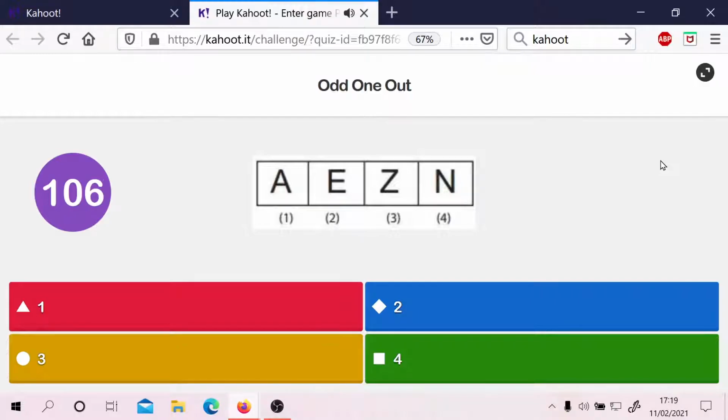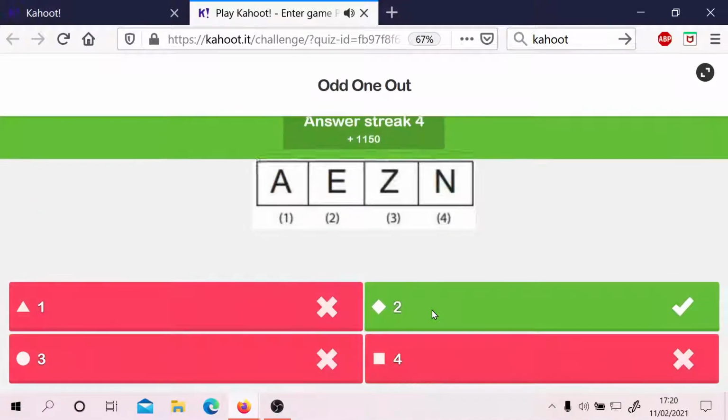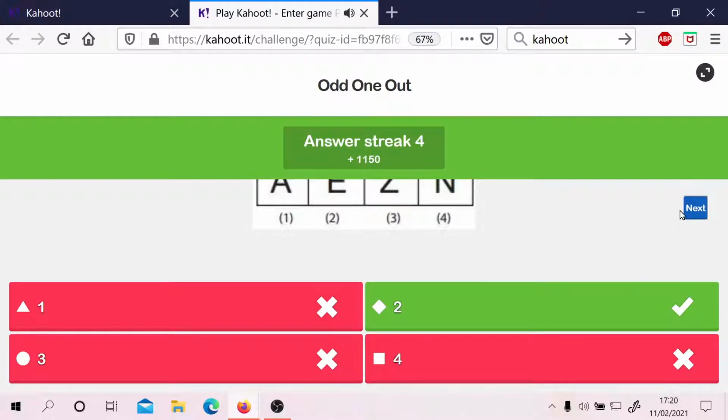I think they all have 2. I think it must be E, right? Just because of the amount of vertices. 1, 2, 3, 4 vertices. 1, 2, 3, 4. Man, that's tough. I think E. Yeah, there could be a number of reasons for that.